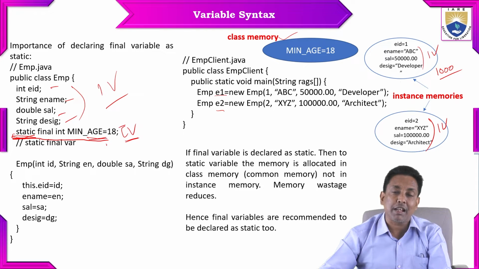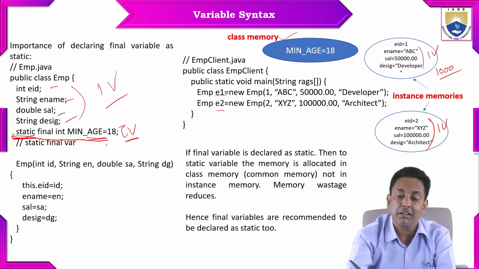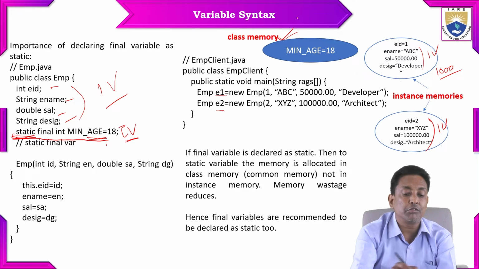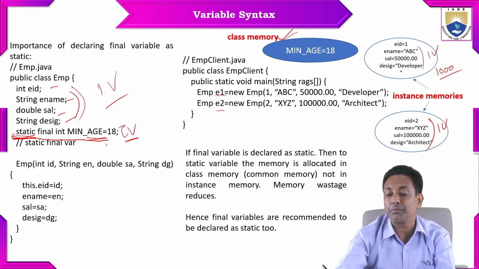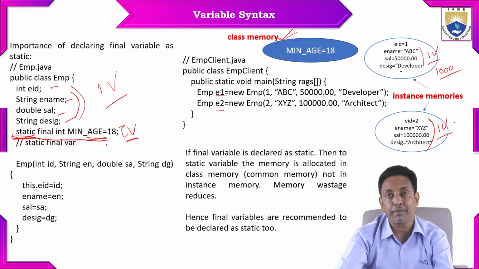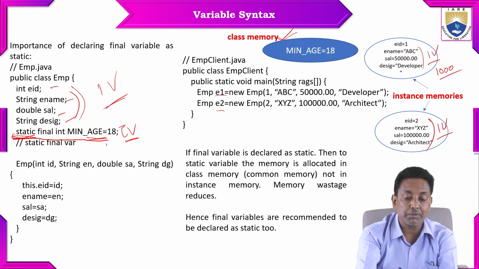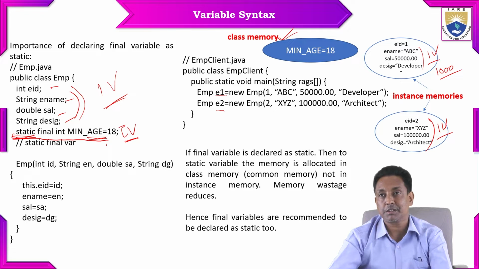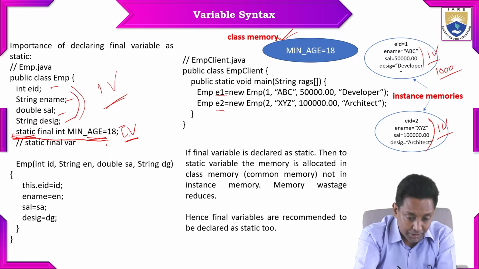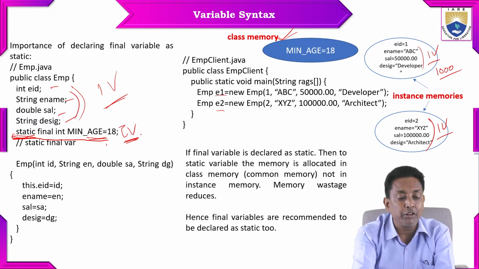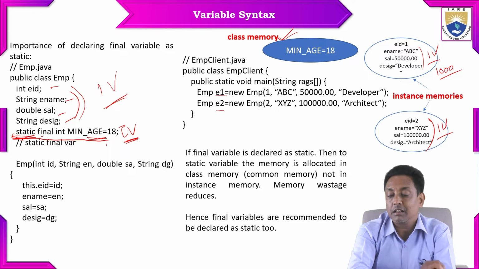So where is static variable memory allocated? In the class memory. For non-static variables, memory is allocated in the instance memory. That's why non-static variables are called instance variables and static variables are called class variables.